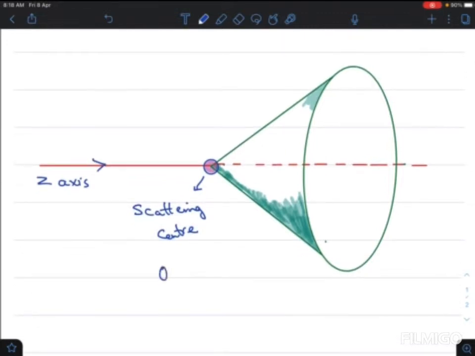They are theta and phi, with the Z axis taken as the polar axis. Theta is called the angle of scattering.